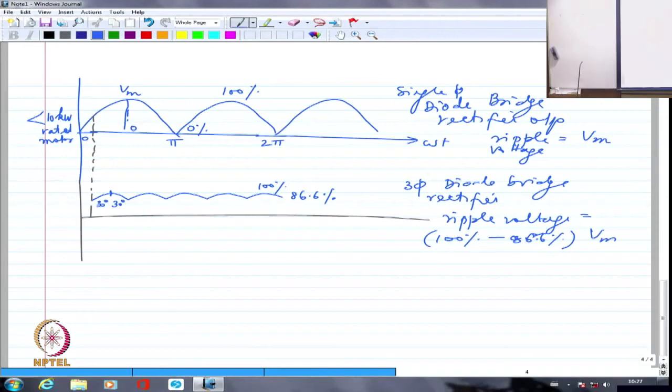Now let us go over to the three phase controlled, rather fully controlled, bridge rectifier.